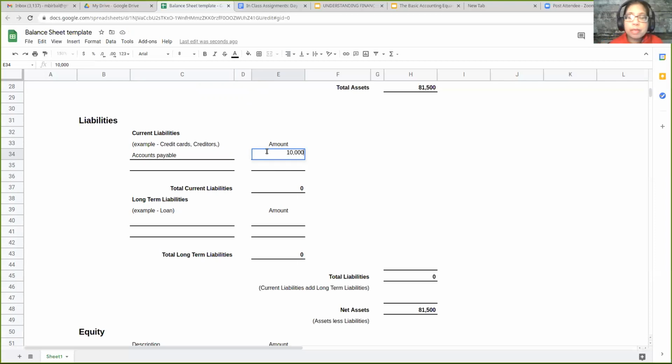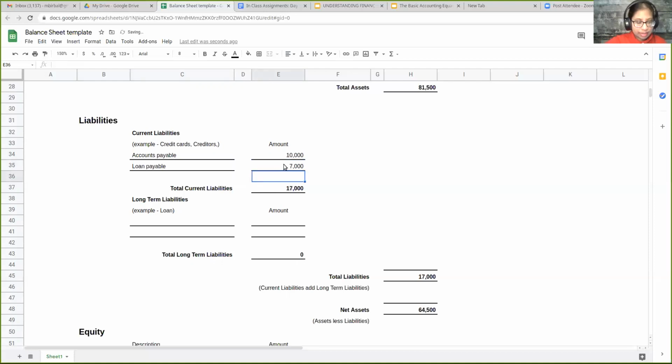So accounts payable is what the business owes to suppliers. They're also known as creditors. Okay, and we have a loan payable. Let us assume for this particular example that it is a short-term loan. Okay, so it's a short-term loan, which means it will fall under current liabilities. Okay, and that figure is 7,000.